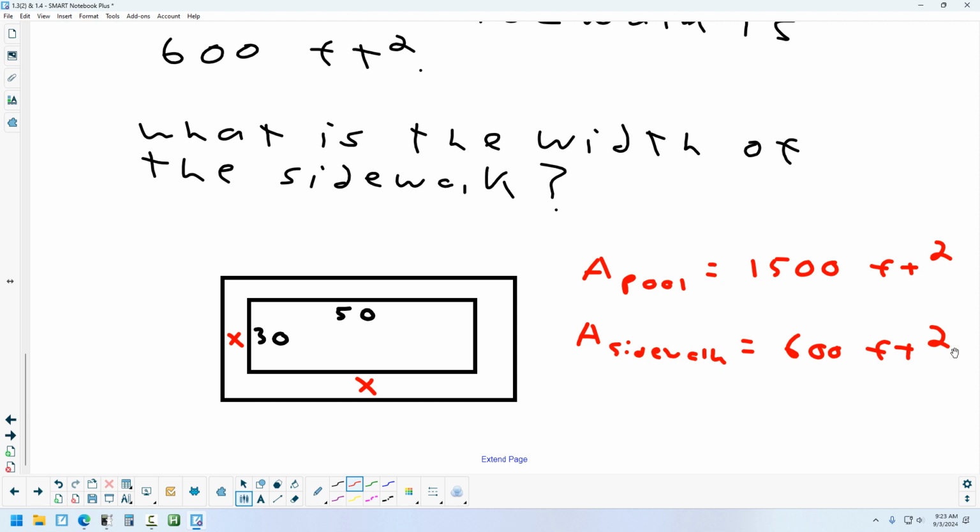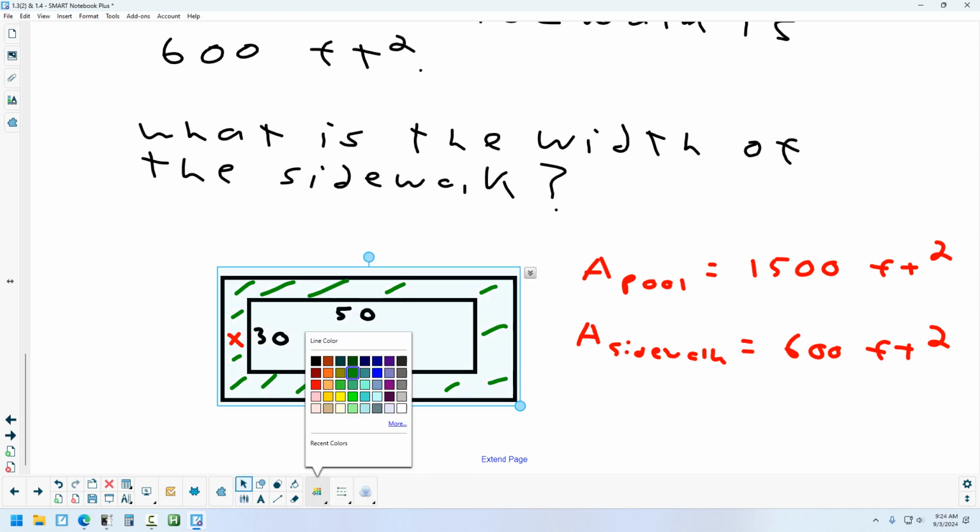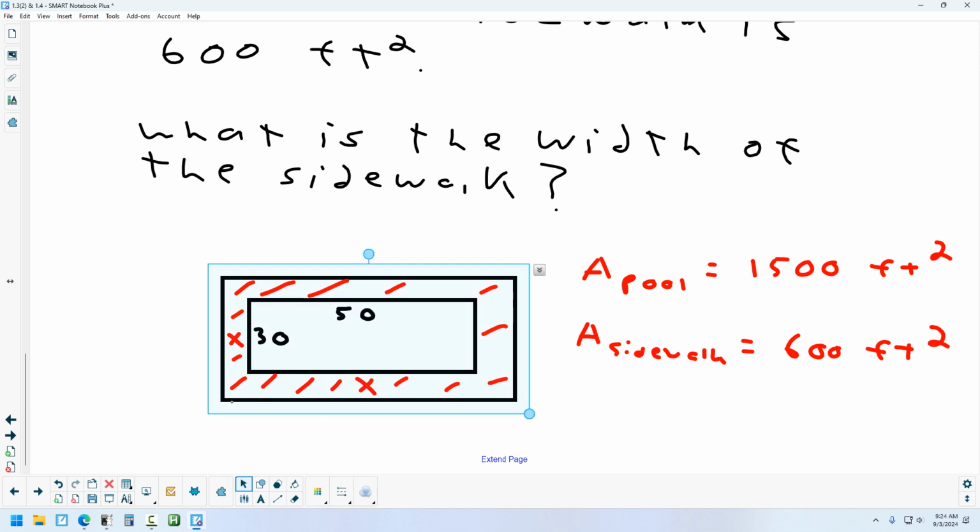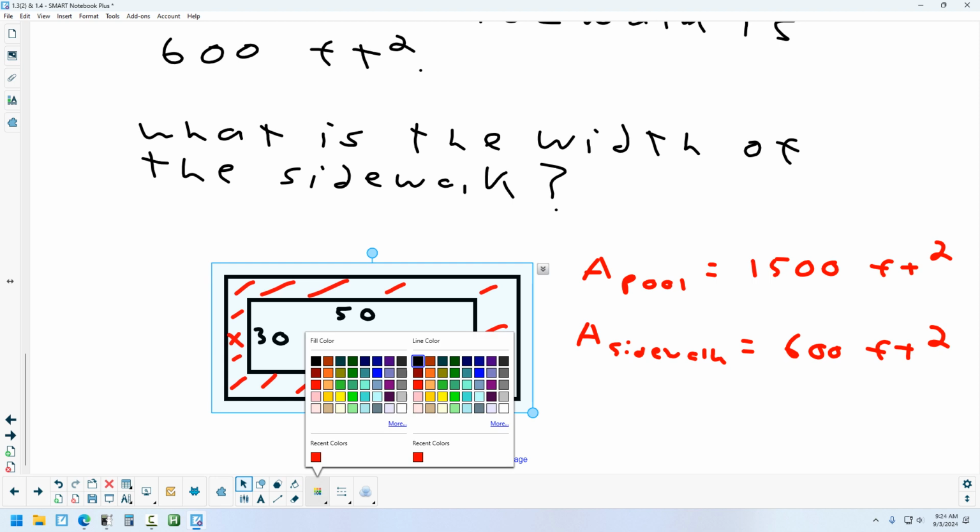The problem is the sidewalk is kind of a weird shape. It's just the part that's in green. So I'm just going to make that rectangle a different color.